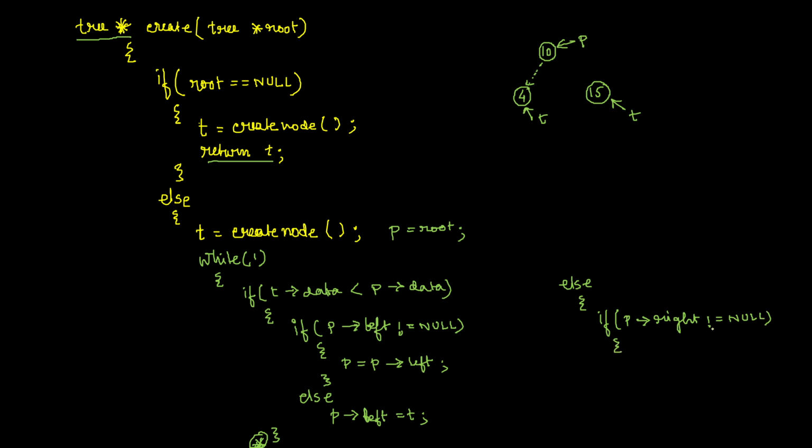If it is not null, it means it is engaged with some value, for example 12, in the right side of 10. So you cannot connect 15 directly with 10. You should go to the right side and then check with respect to 12 whether 15 is greater than 12 or lesser than. So if P right is not null, you have to change your position, P equal to P right.